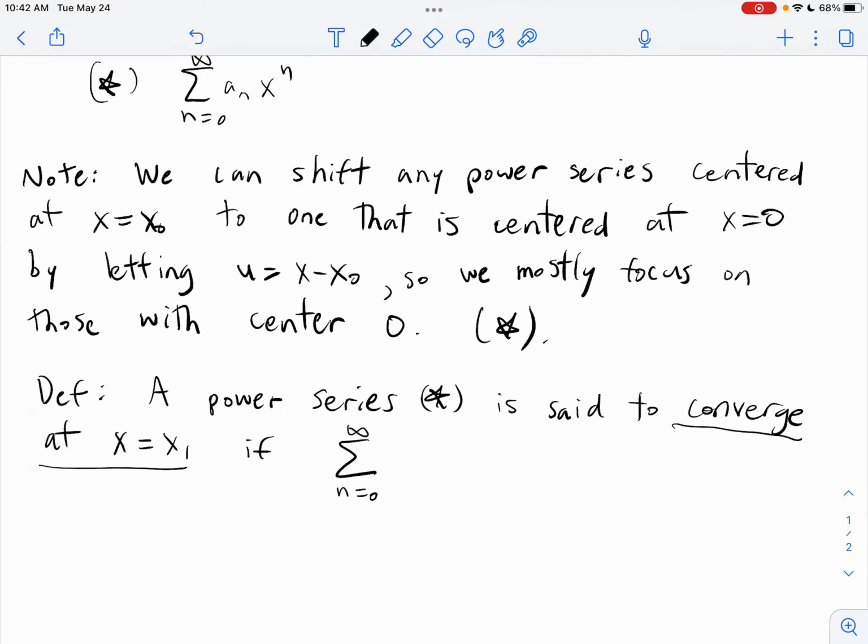So what's that going to look like? It looks like this. Instead of x to the n, it's going to be x1 to the n. Okay, so you actually plug the number in for x if this guy converges.